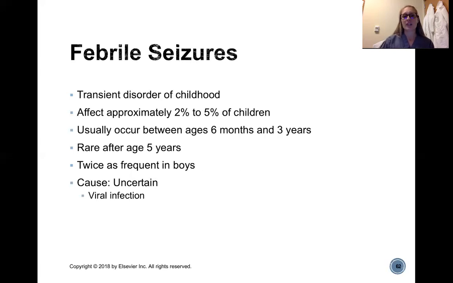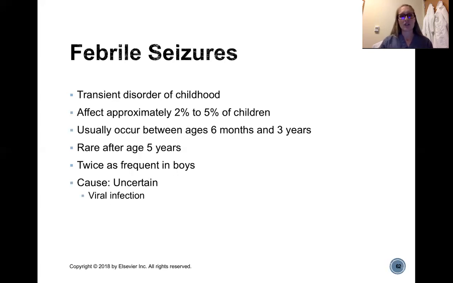Febrile seizures can happen in young children, and you can see the statistics here. How we identify something as a febrile seizure is that the child has a fever and is seizing. Now with febrile seizures, it's interesting because antipyretics will not affect the actual seizure.